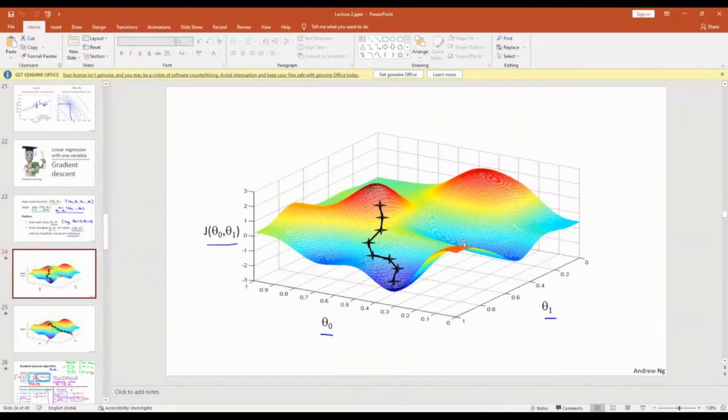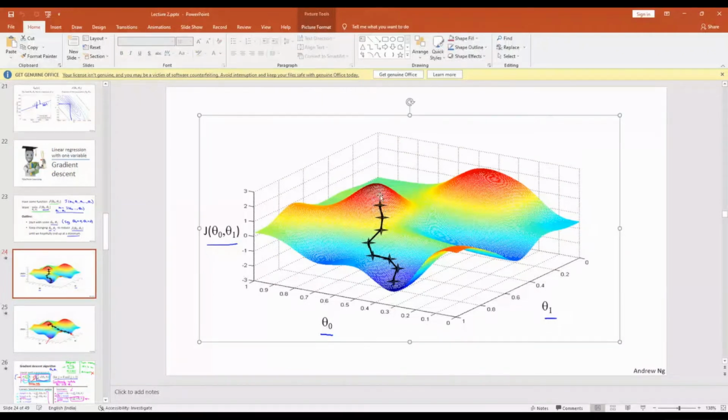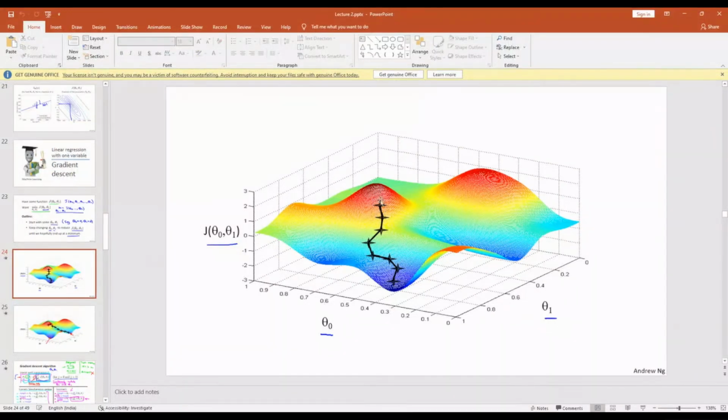So you see, let's say this is a point. I hope you are able to see my cursor also. This is a point where you have initialized your theta 0 and theta 1. So if you change the values of theta 0 and theta 1 in one direction from this point, you get this point. Then you can see the path. So at the end you will reach this global minimum value, right? Global optimum value or global minima. Usually the terminology is global minima.